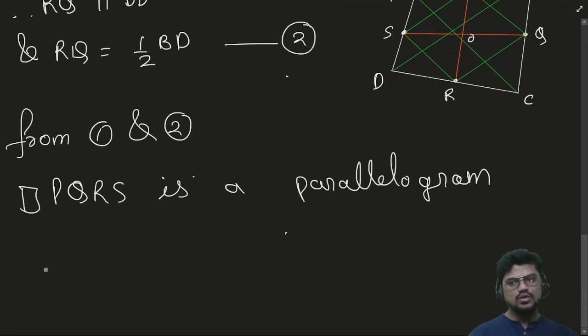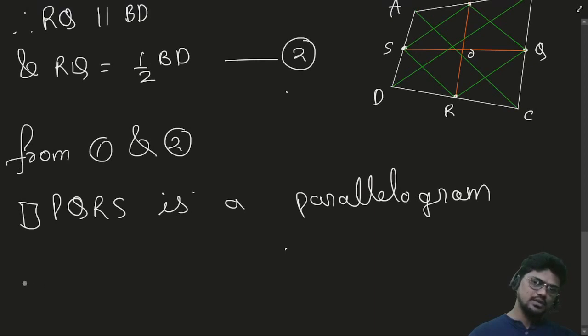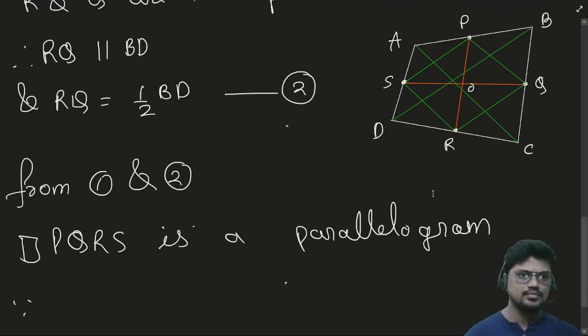Now, what happens with the diagonals of a parallelogram? We got that quadrilateral PQRS is a parallelogram.